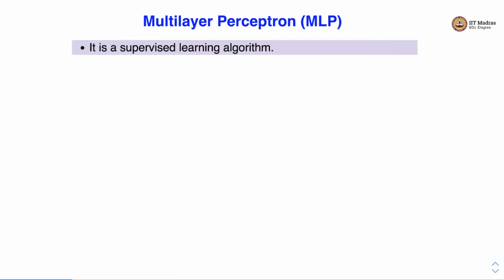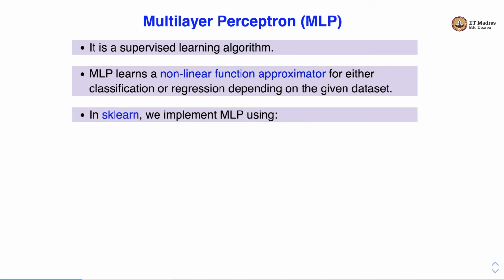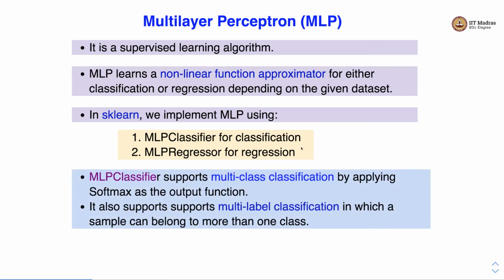So multilayer perceptron is a supervised learning algorithm. It learns a nonlinear function approximator for either classification or regression tasks depending on the dataset. In sklearn, we implement MLP using MLP classifier and MLP regressor for classification and regression respectively.